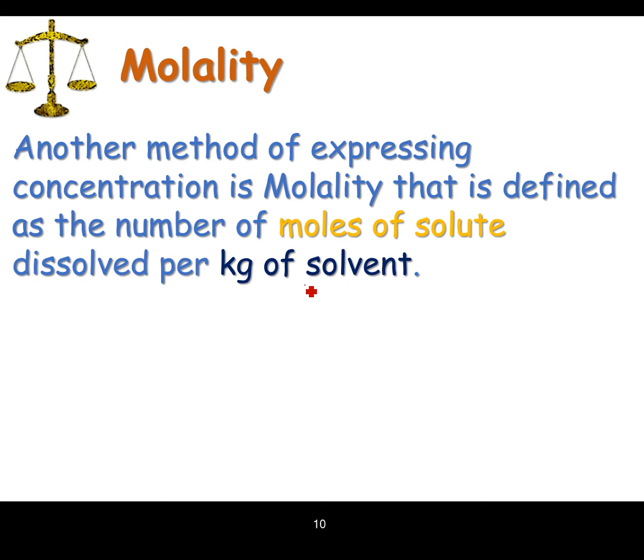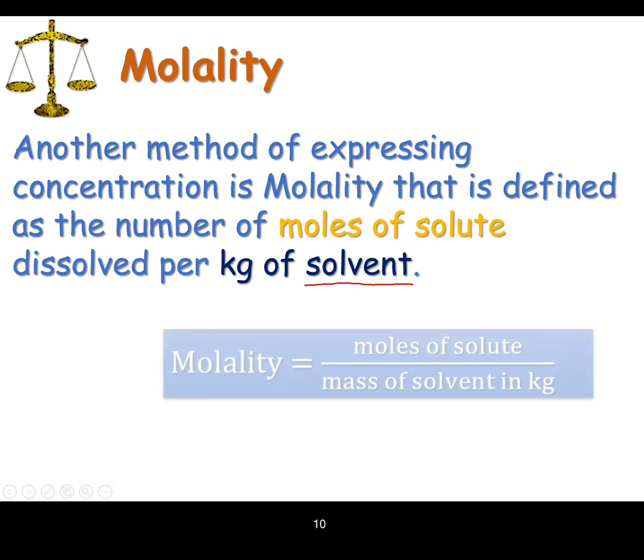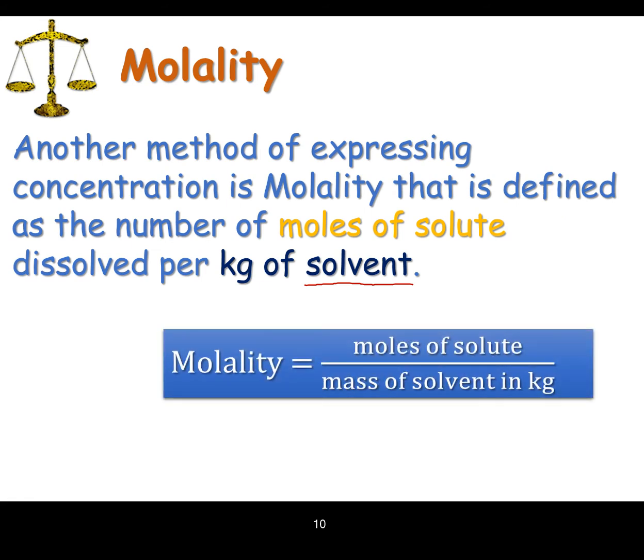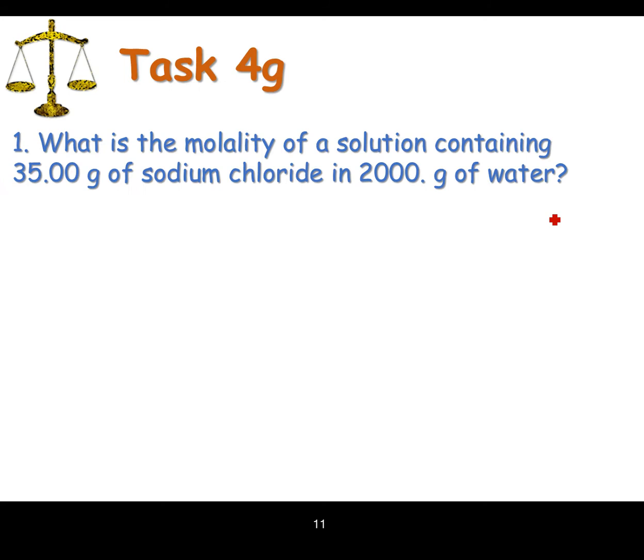So not the overall solution, but just kilograms of the solvent itself. The purpose of this is that there are some processes where the volume can actually change, and that would affect your molar concentration if you have some kind of reaction that has massive heat changes. So in simplified terms, this is our molality equation. Molality is moles of solute divided by mass of solvent in kilograms.